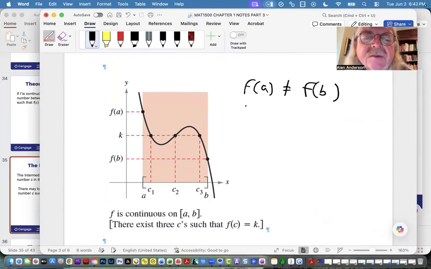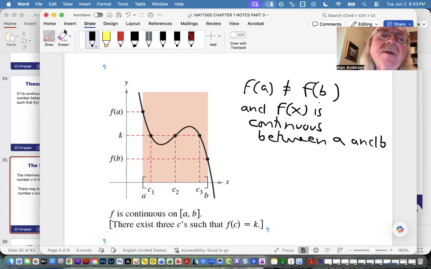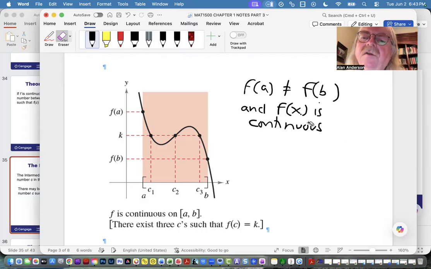And of course, you can see just by looking at the curve, f of x is continuous between A and B. Or what I should say, to be more precise, over the closed interval A to B.